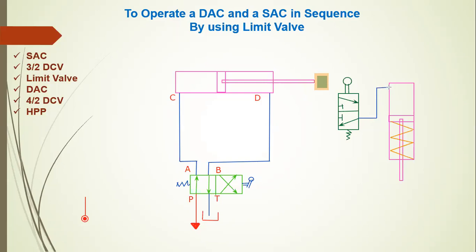Here the SAC is connected to the direction control valve 3 by 2. Here give the short symbol for HPP and here the return to tank. Here the output from the direction control valve is returned to tank, and here give one short symbol for the hydraulic power pack.